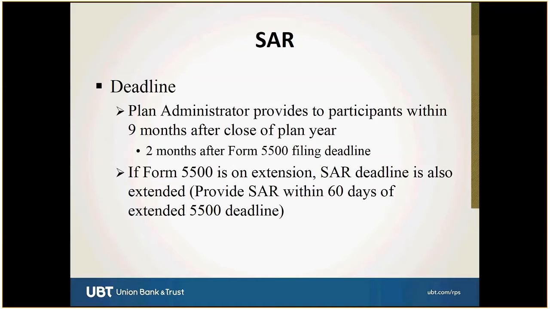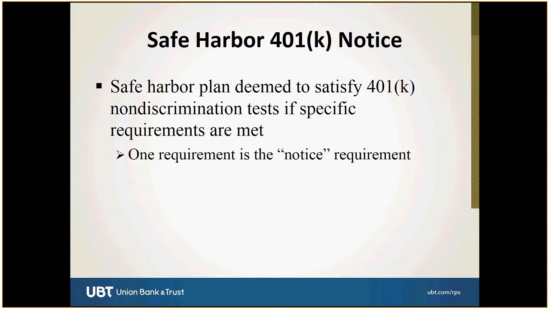If the Form 5500 is on extension to October 15th for a calendar year plan, then that SAR deadline is also extended by 60 days after that October 15th extended deadline for the 5500.